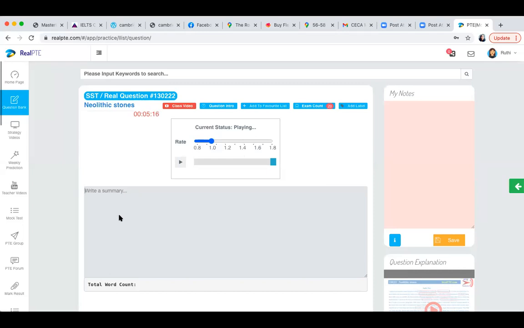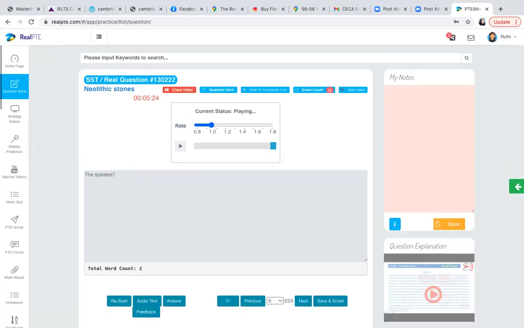Okay, so this is what it is. Hope you can see my screen. The speaker, I'll just put it up. Okay. So you say the speaker provides or provided brief information about, and you put in your 4 keywords separated by a comma.